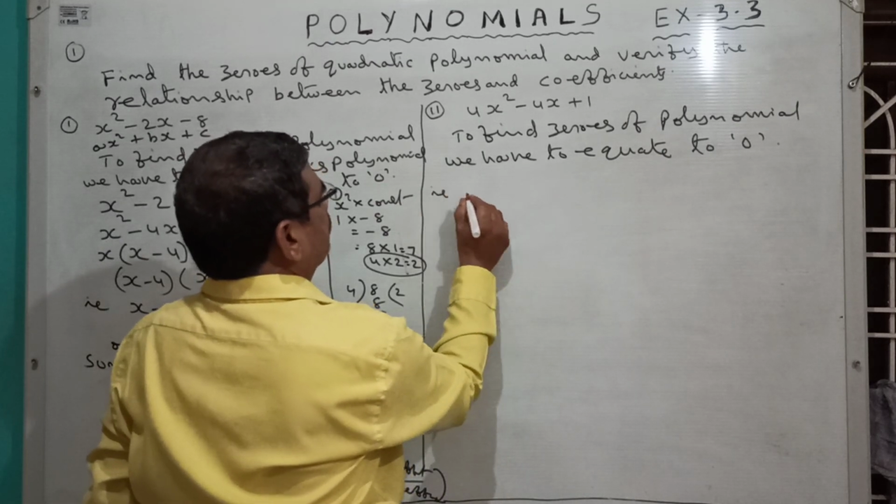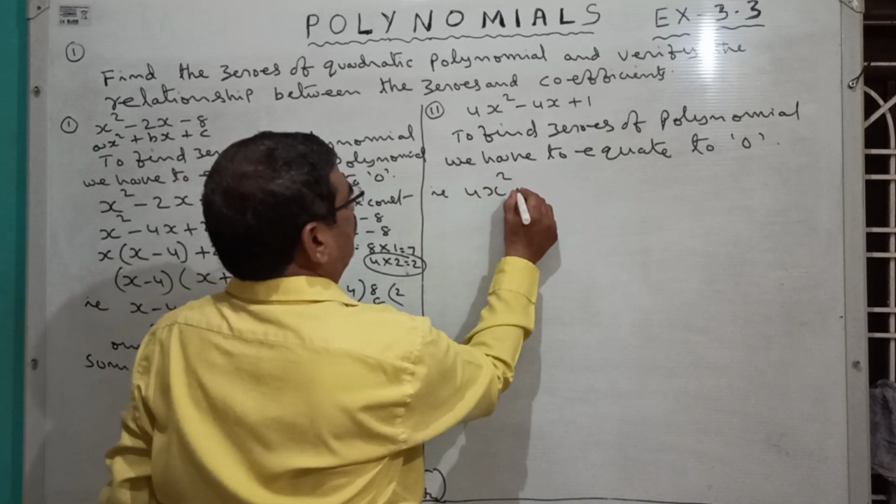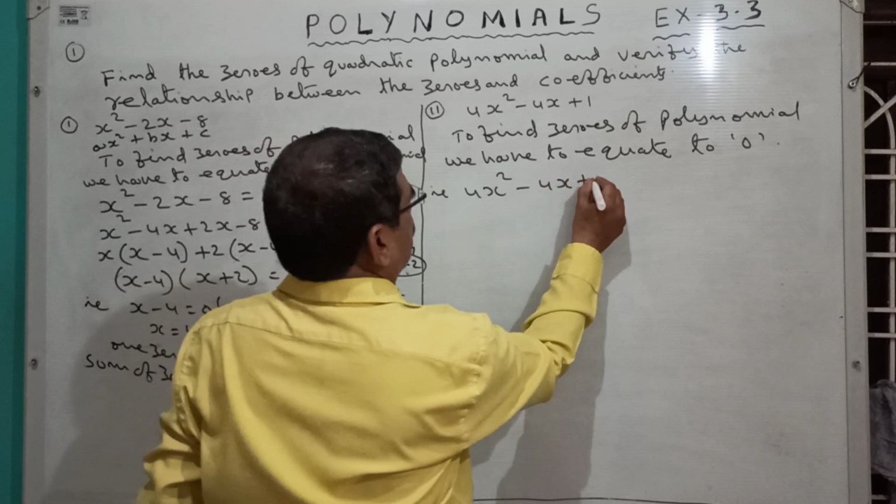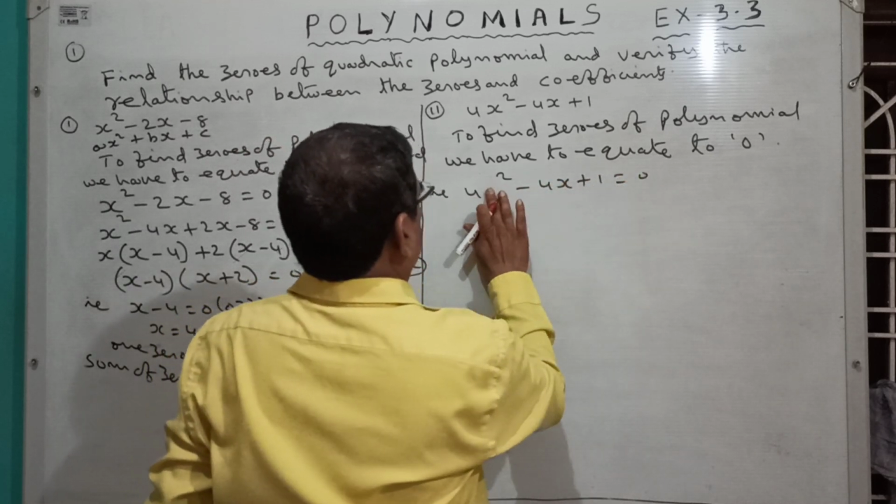So that is 4x square minus 4x plus 1 is equal to 0.